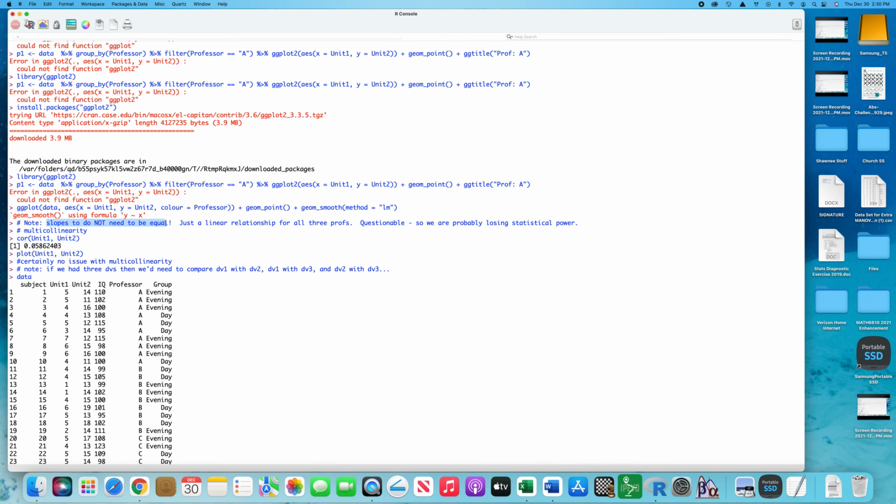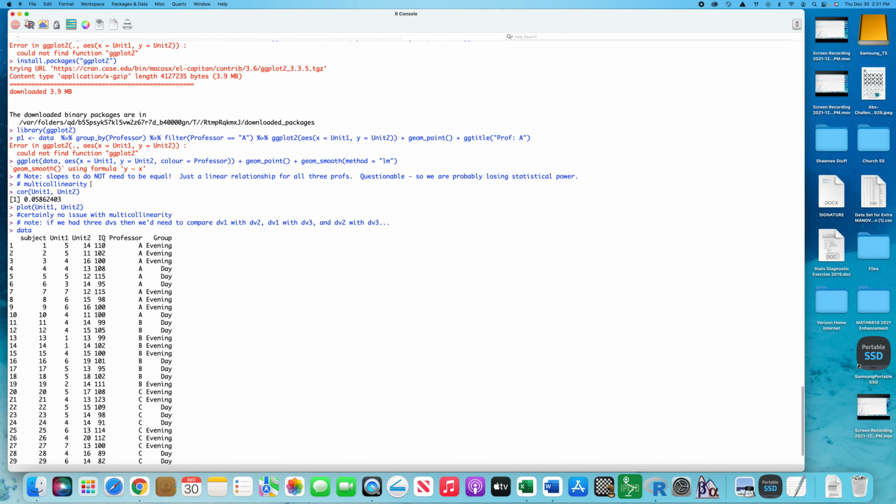So again, it seems to be questionable to me, specifically for the green and red relations. I forget which professors it's aligned with. What happens when we don't have linearity is we lose statistical power. So we are very likely losing statistical power for our test.